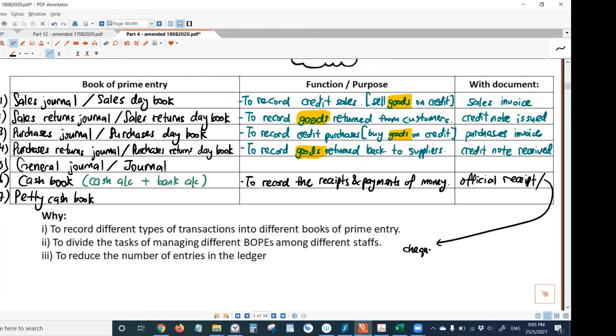Check is also another document that you are going to look at later, as well as check counter for you. I'll explain later. So when you want to record payment or receipt of money into the cash book, you have official receipt, check, or check counter for you.